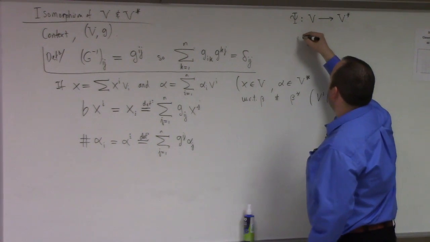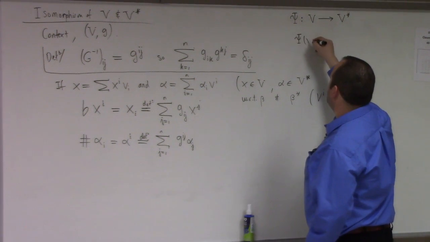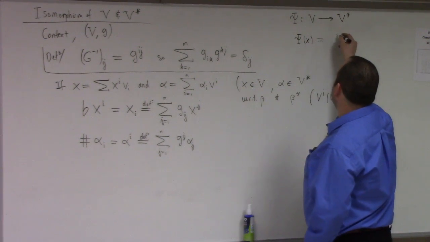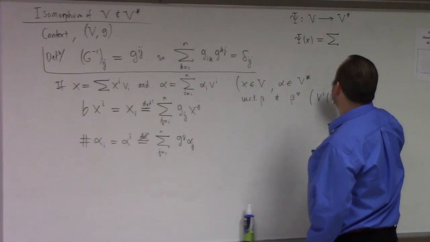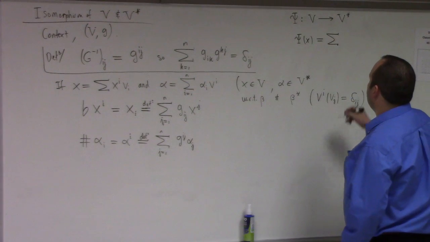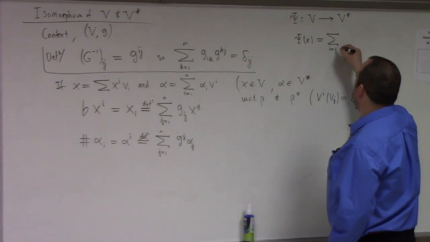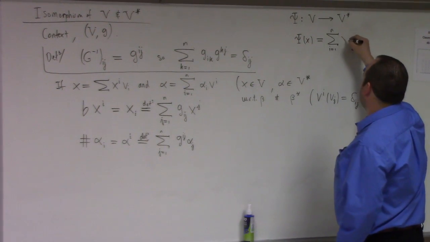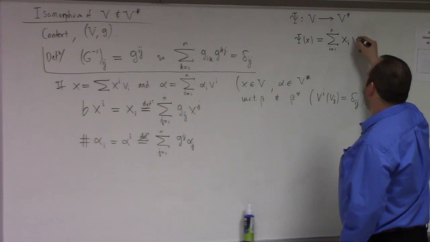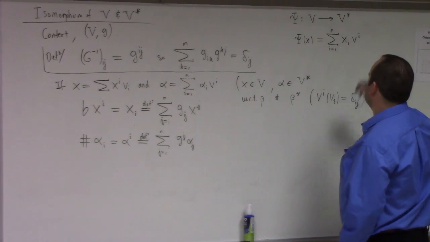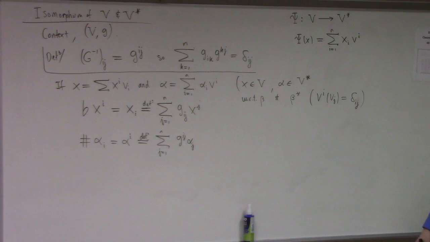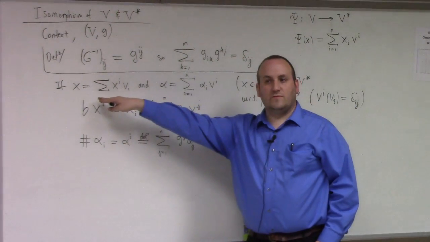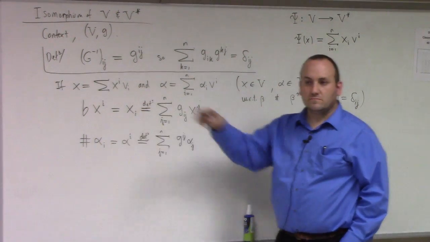I'm going to define psi of x to be the sum, i equals 1 to n, of x lower i, v upper i, where I'm assuming always that x is written in terms of its contravariant coordinates.